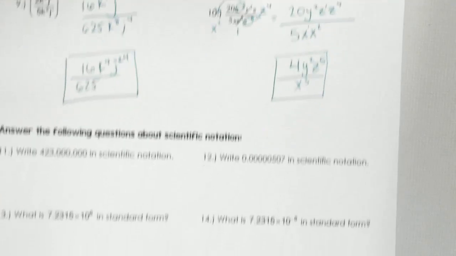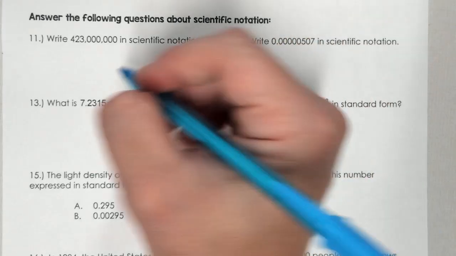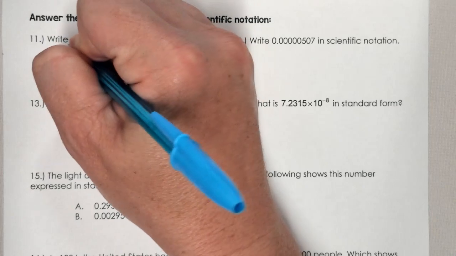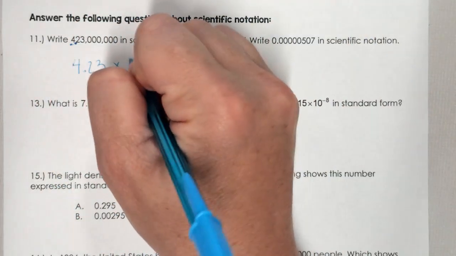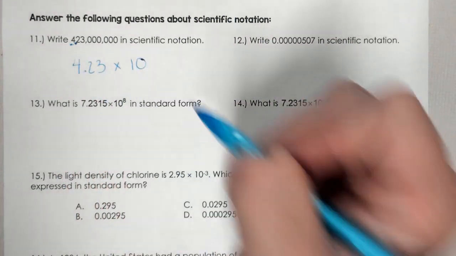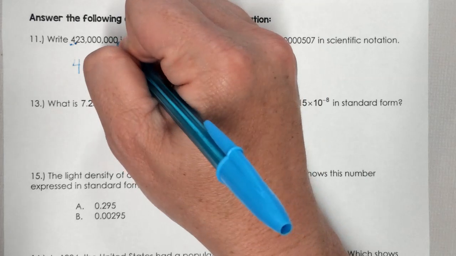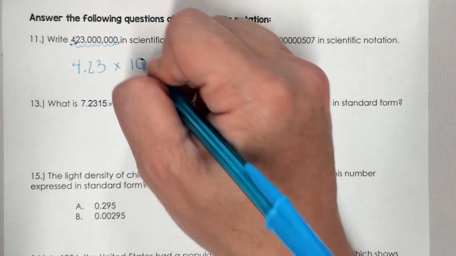Okay, last but not least is scientific notation. So write it in scientific notation. Well, I know I need 4.23 because I need that one number. I need to make it between 1 and 10 times 10, and it's going to be a positive because this is bigger than 1. So here's where my current decimal is. So 1, 2, 3, 4, 5, 6, 7, 8.